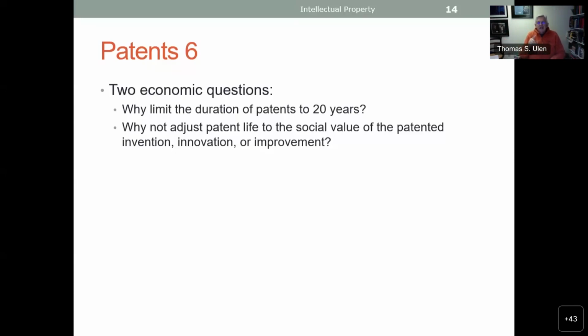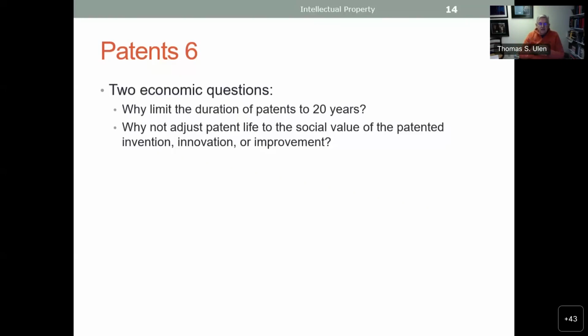Recognize this fact. If you've spent $1 billion developing a new pharmaceutical, and by the way, that's a good estimate of the cost of developing a new pharmaceutical, $1 billion, and you've only got 20 years to get revenues from selling your pharmaceutical, that means the price of the pharmaceutical has got to be pretty high to compensate you for the investment of $1 billion in developing it and all of the other production and advertising costs, and still have a profit.